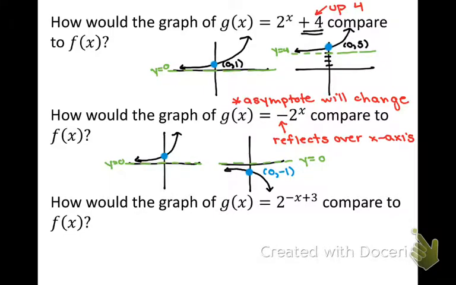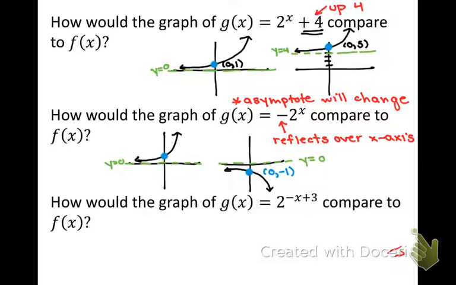All right, next up, we want to talk about how the graph of g of x equals 2 to the negative x plus 3, all in that exponent, compares to my original graph of f of x equals 2 to the x. We've got two things going on here. We have a flip over the y-axis, and we have a horizontal shift.